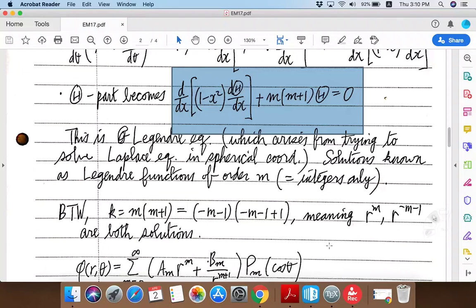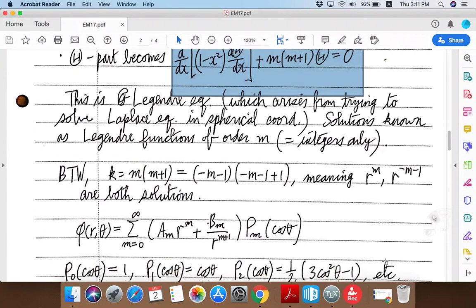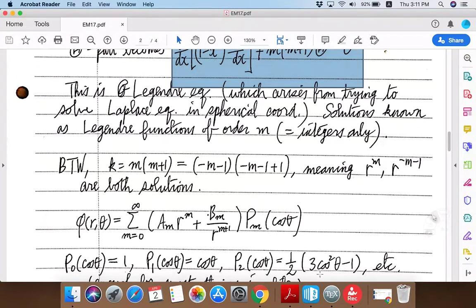And then it took me a little while to figure out that this was a natural consequence of trying to solve the Laplace equation in the spherical coordinates. So then that gave a kind of physical context to this whole endeavor of writing down the Legendre equation and also solving it. Okay, so I hope you remember not only the solution, but also the context in which this solution is taking place.